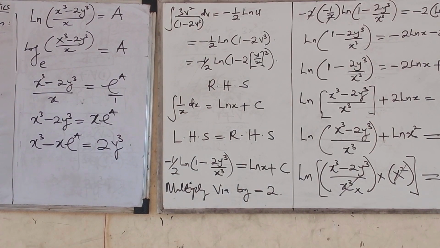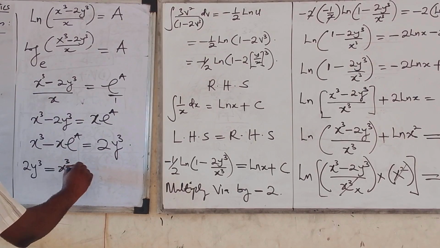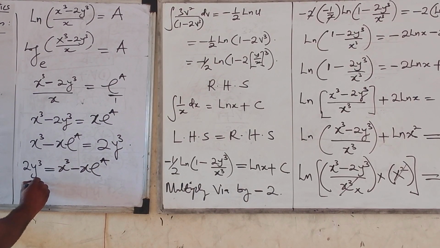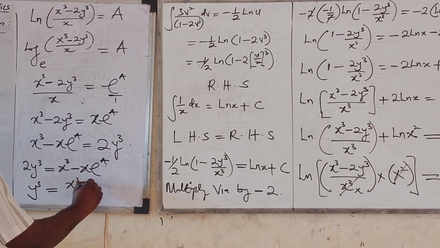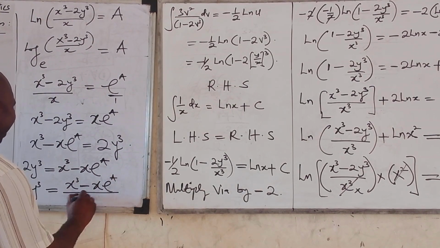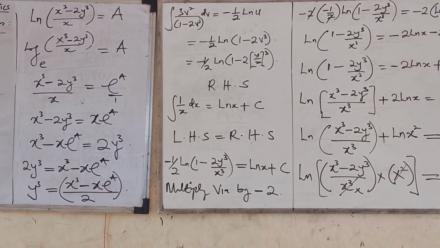So 2y to the power of 3 is equal to x to the power of 3 minus x e raised to the power of e. And the value of y to the power of 3 will be equal to x raised to the power of 3 minus x e raised to the power of e, divided by 2.